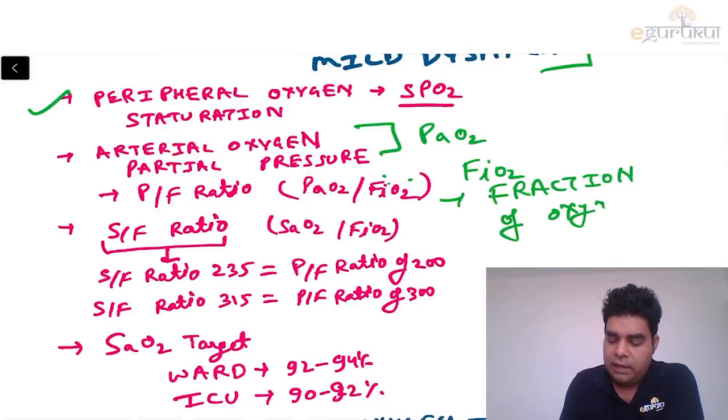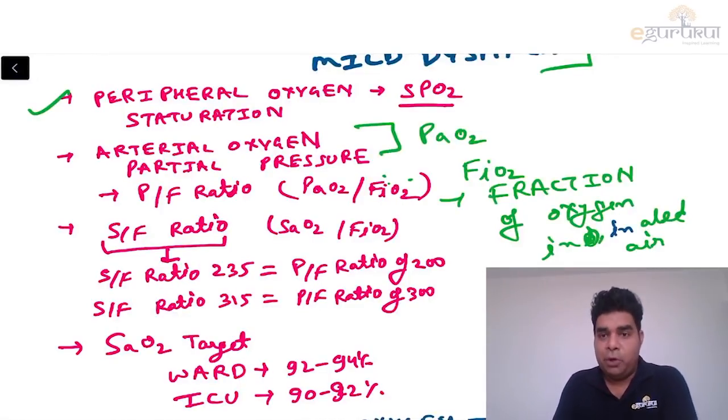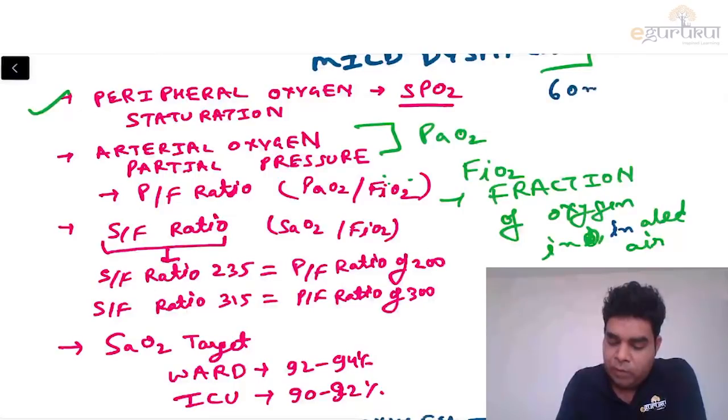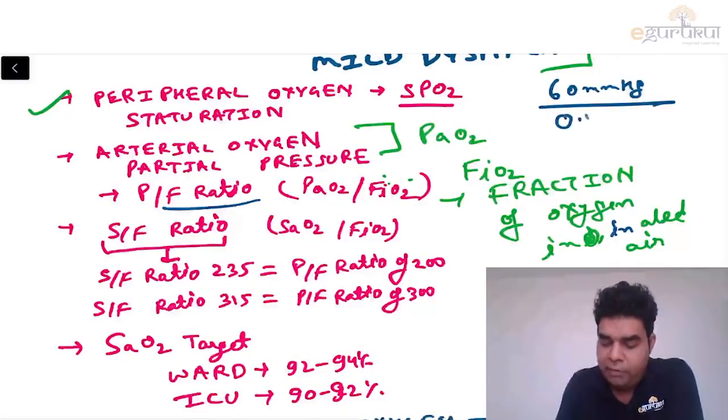For example, let's say we have a PaO2 of 60 mmHg, and the fraction of oxygen in inhaled air, suppose it is 40% or 0.4.